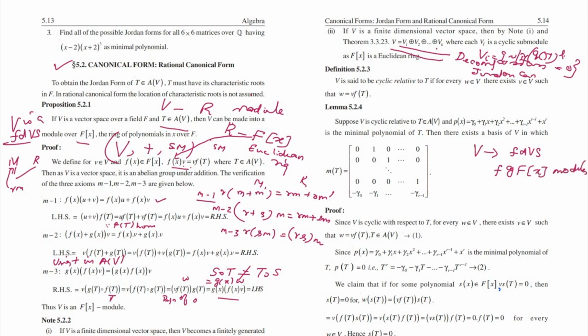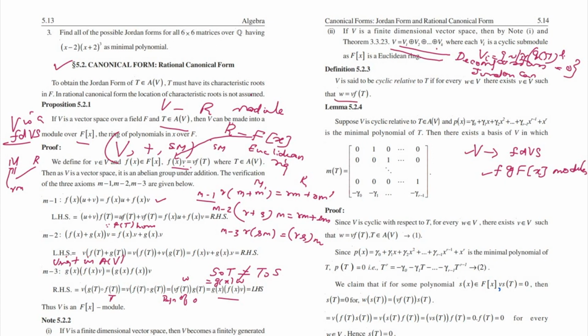So depending on the context, we may be using this or this, or in some cases both together. Now we say that V is cyclic relative to T if for every w in V there exists v in V such that w is the image of v under f(T).